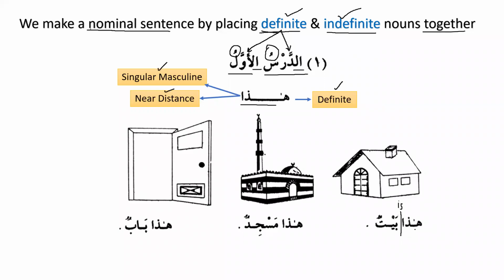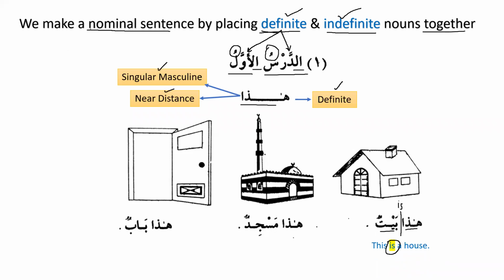It is the combination of a definite noun and an indefinite noun. So hada baytun is a complete sentence. "Is" is highlighted because it does not exist in the Arabic, and we have to produce the meaning of "is". Now it's a complete sentence.